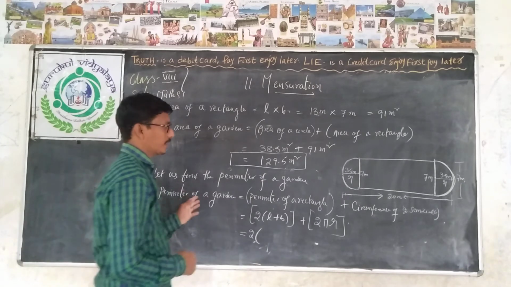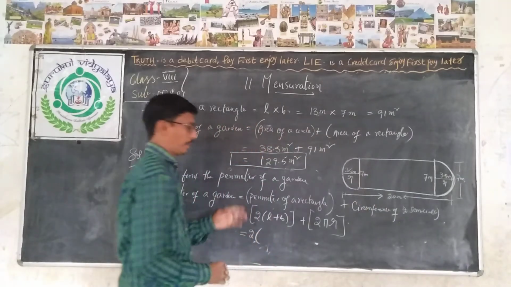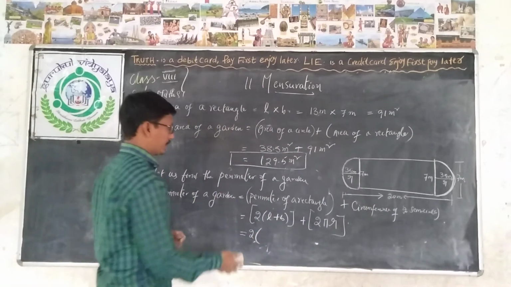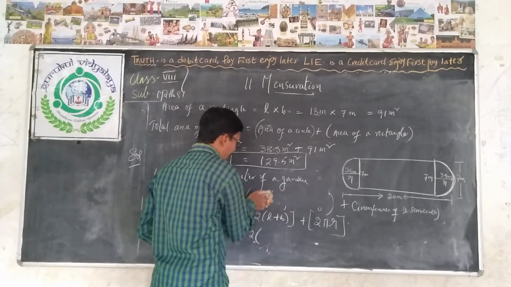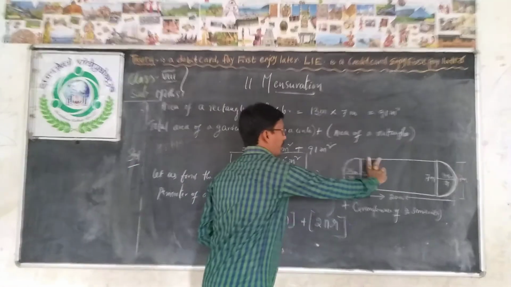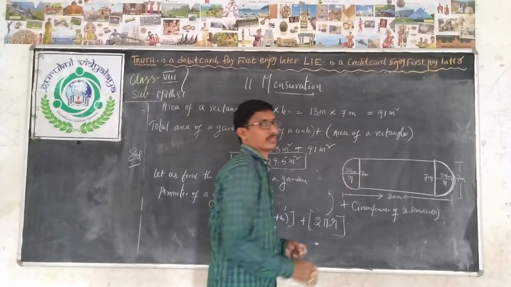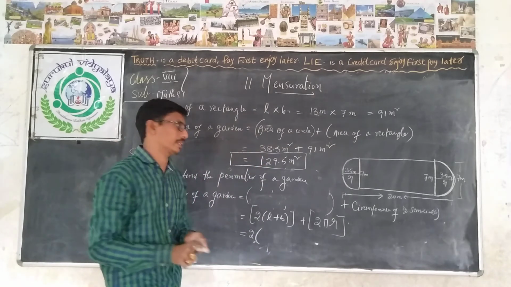Sorry, here the perimeter means these two lengths only are needed, not the perimeter of a rectangle. I made a small mistake. The inside lengths you need not find, only the two outer lengths, because the outer boundary is considered as the perimeter.